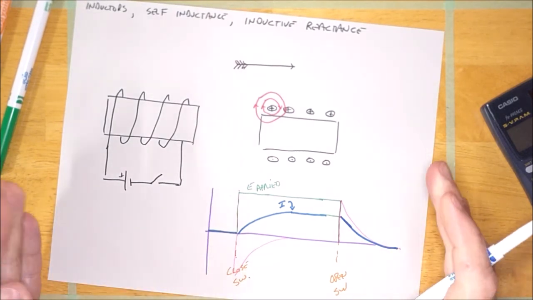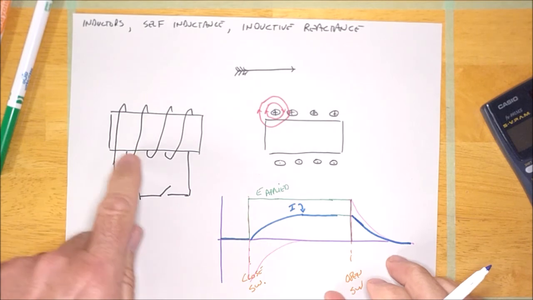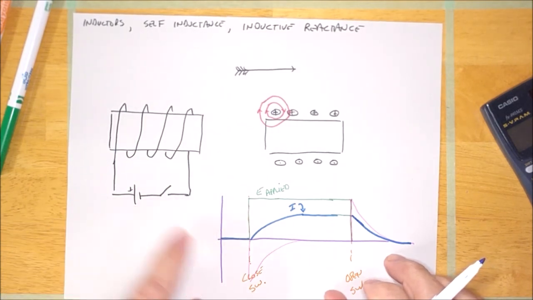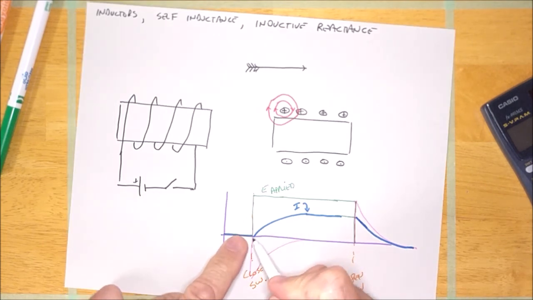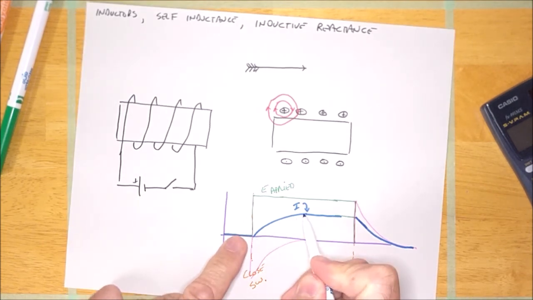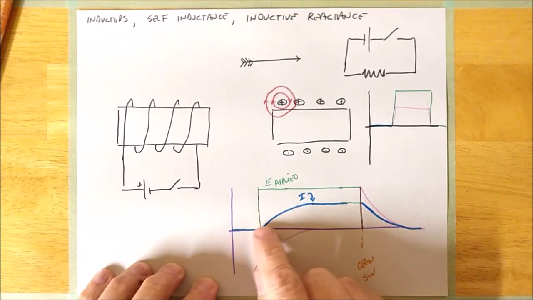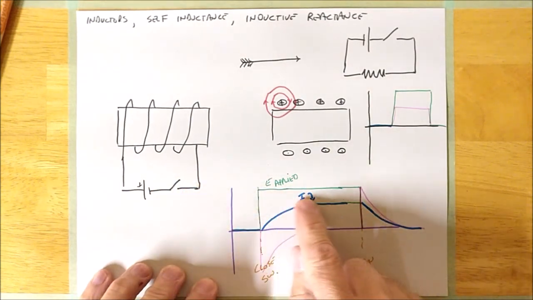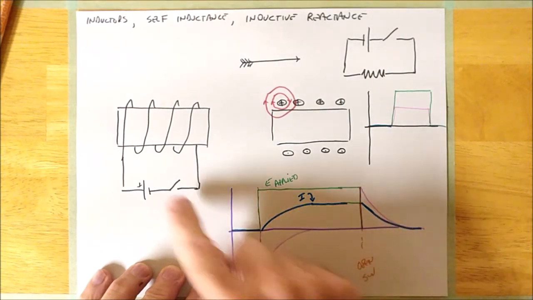And so what does this all mean? What it means is with a coil, when things are changing, you get a current that doesn't seem to apply. It takes a little second to get going here, and it takes a little second to stop here. This device here is storing some energy at the beginning when I first turn the circuit on, and then it's releasing that energy when I turn the circuit off.